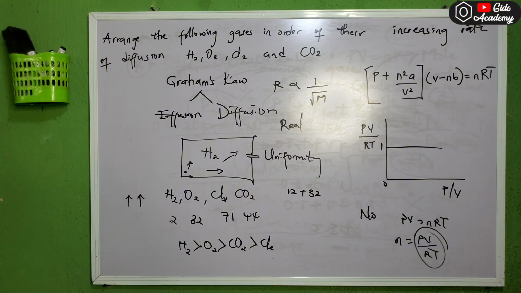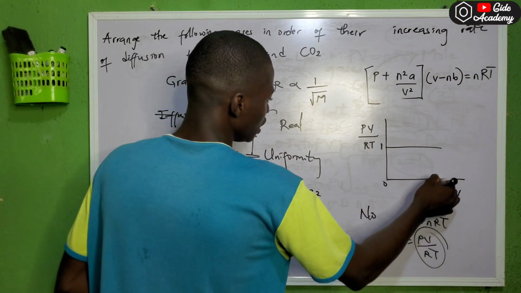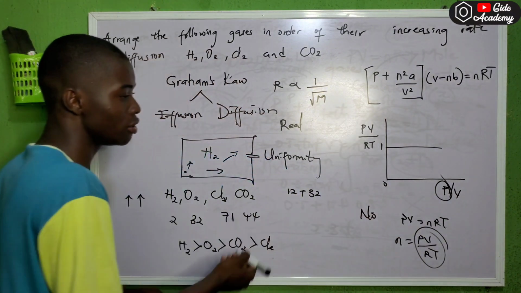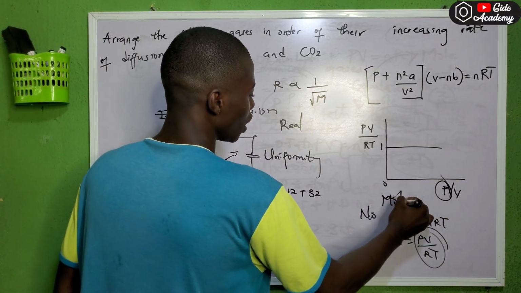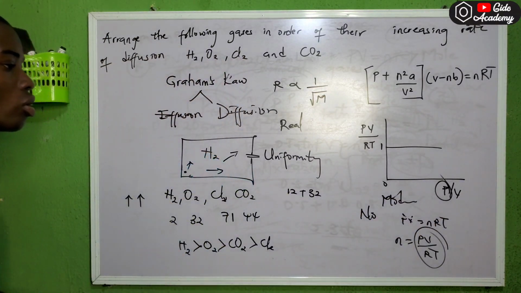And from there again, I made mention that we have two kinds of deviation generally. It's either a positive deviation or a what? A negative deviation. If the pressure is extremely high, it will lead us to a negative deviation. And if the pressure is moderate, so we have moderate and extreme. If it is extreme, it will lead us to negative deviation, and if it is moderate, it will lead us to what?